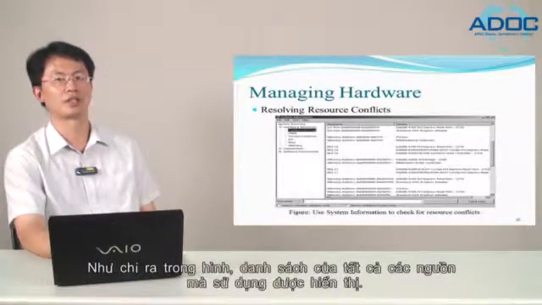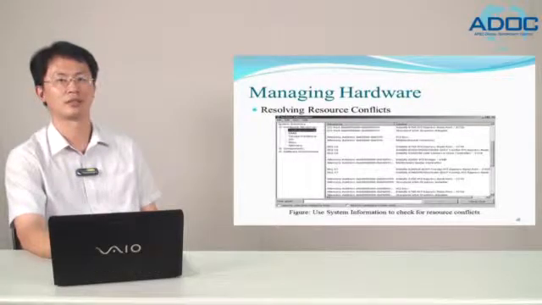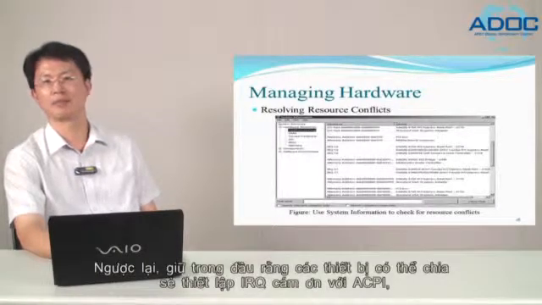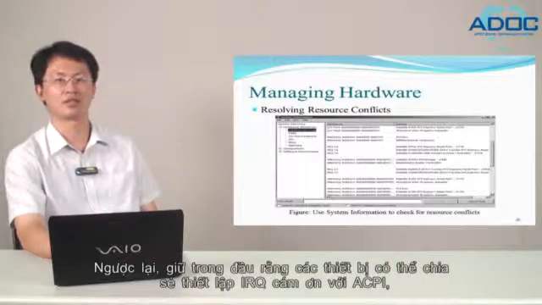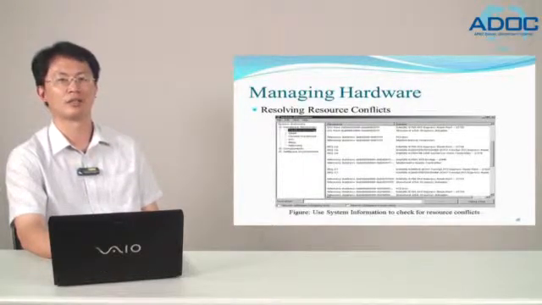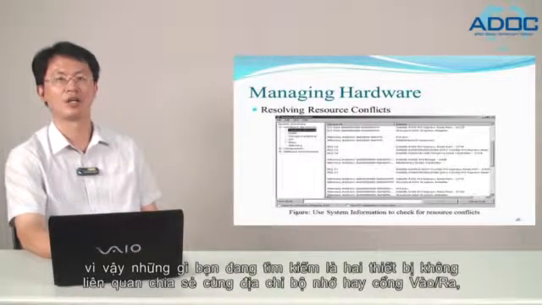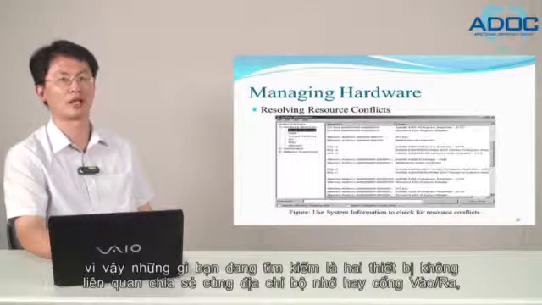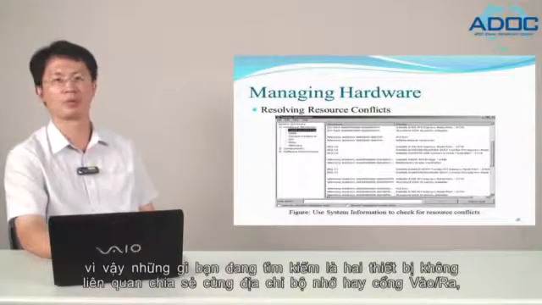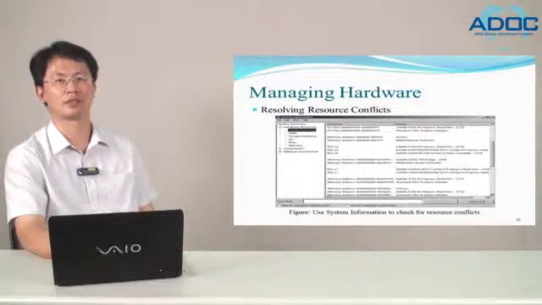And as shown in the figure, a list of all resources that are in use is displayed. Again, keep in mind that devices can share IRQ settings thanks to ACPI. So what you are looking for are two unrelated devices sharing the same memory addresses or I/O ports, which will cause a conflict.